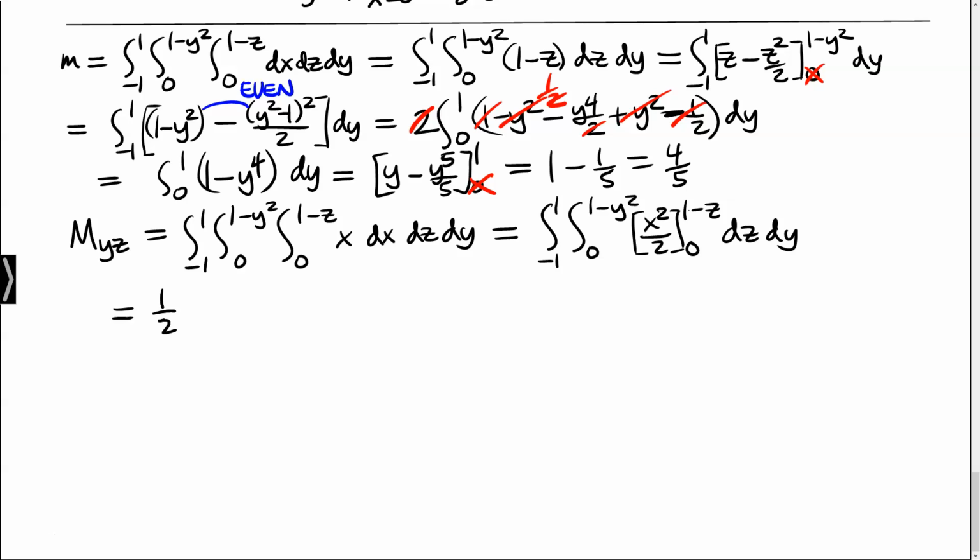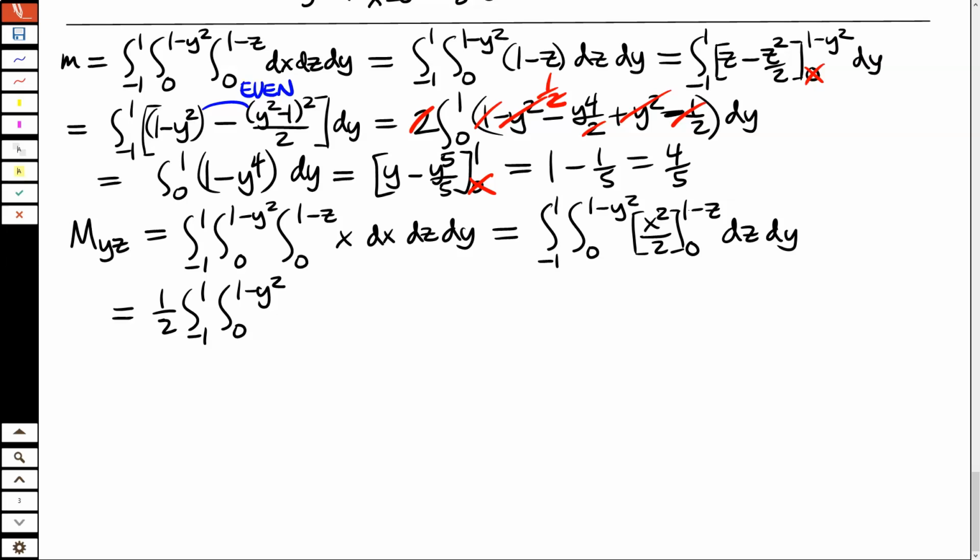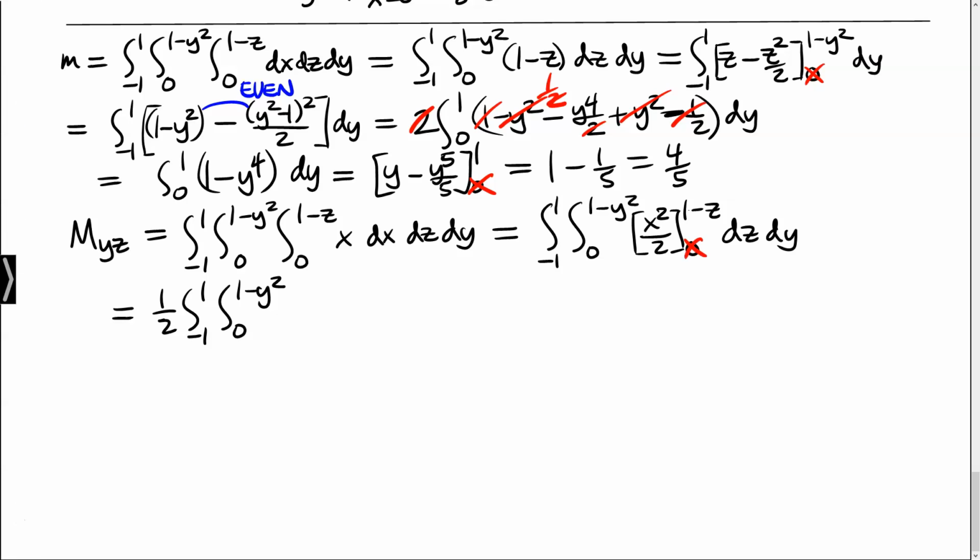So I get 1/2, the integral from negative 1 to 1, 0 to 1 minus y squared. And again, the 0 doesn't contribute anything, so I'm going to get 1 minus z all squared, which is the same as z minus 1 all squared. So z squared minus 2z plus 1, dz dy.